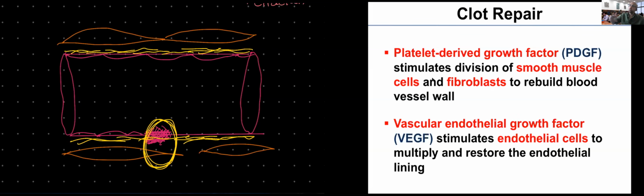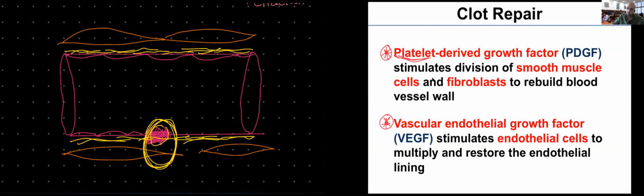But what would you like to do after you stop bleeding? You need to rebuild your tissues in order for you to get rid of the blood clot. So how would I repair a blood clot? First, I need to have two main growth factors. First one is going to be released from my platelets. We call the first one my platelet-derived growth factor.